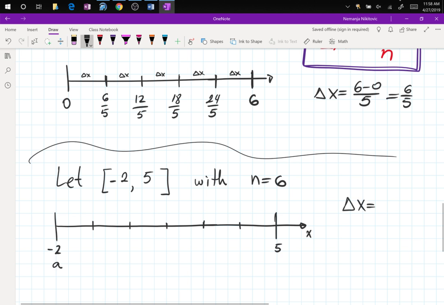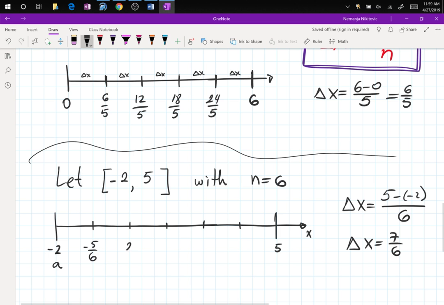So delta x is equal to B minus A divided by 6 rectangles. So delta x is 7 over 6. So now -2 plus 7 over 6 is -5 over 6.